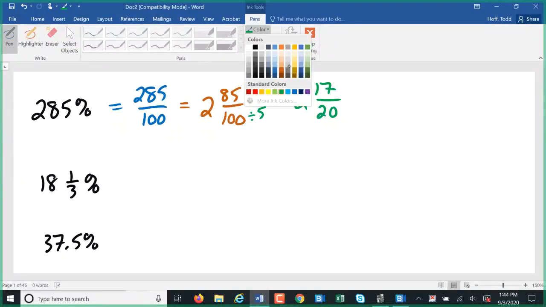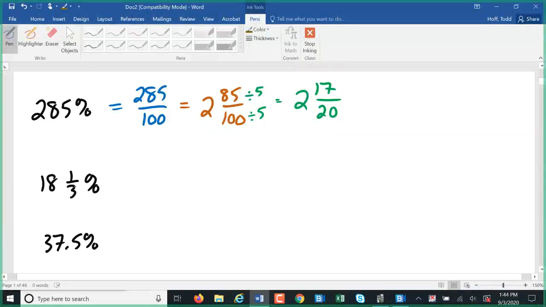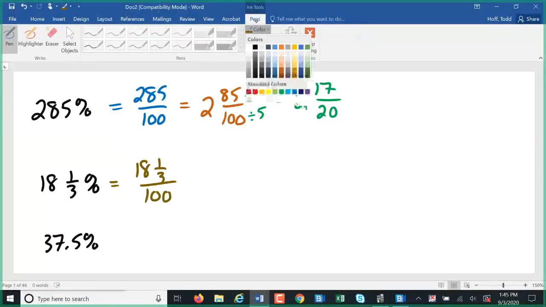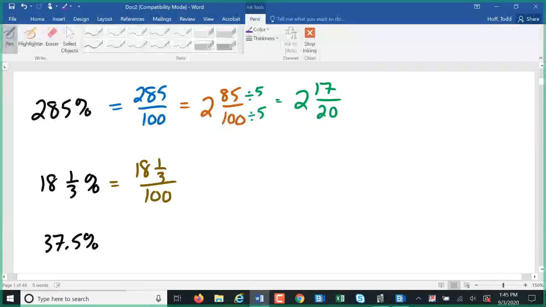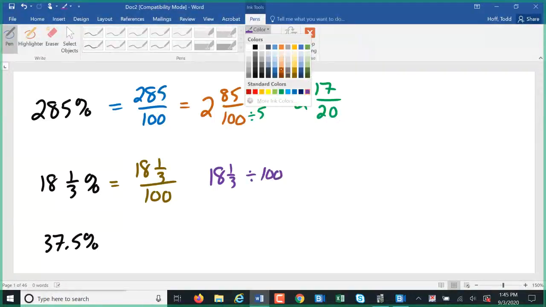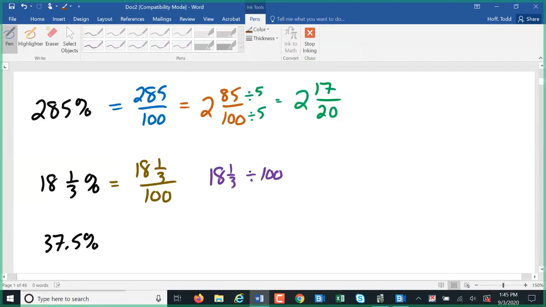For the second one here, 18 and 1/3%. That's 18 and 1/3 out of 100. Now I think the easier way of the two, we could multiply by 3, but I think the easier way to handle it is just to divide. Treat this as 18 and 1/3 divided by 100. So that'll give me 18 times 3 is 54, plus 1 is 55/3.